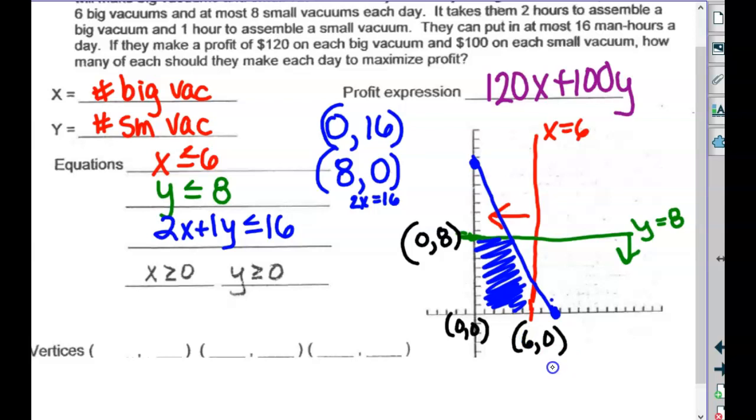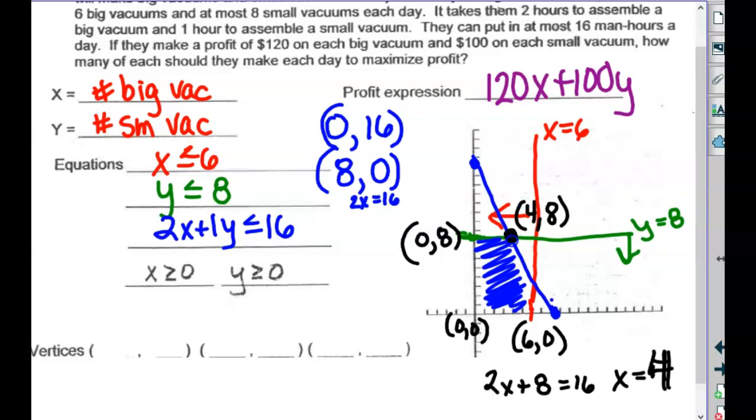Okay. This is pretty easy algebraically if you know something about this, guys. What is true of every point on that green line? Y is 8, right? So can we put an 8 into the blue equation? 2x plus 8 equals 16 would make x 4. So this is 4, 8, right?